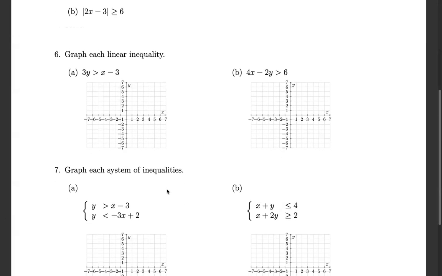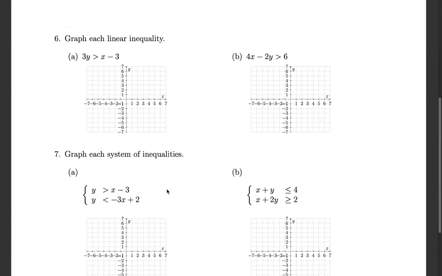This is 6. We want to graph this inequality. So how do we graph? First, we want to simplify. We want to solve for y. So we would divide by 3 for everyone.